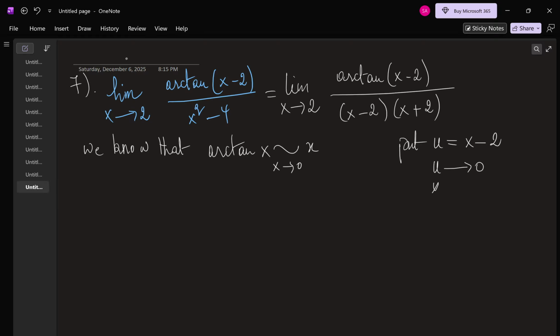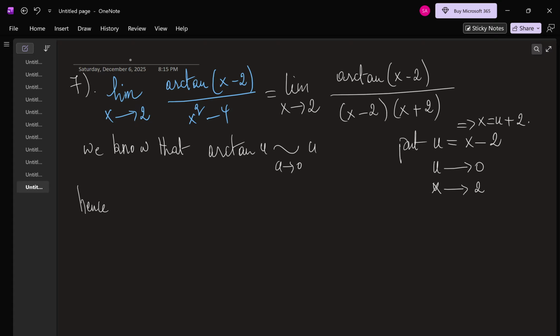So u is going to 0 when x is going to 2. And you will also have that x is equal to u plus 2. Therefore here we have arc tangent of u, as u is going to 0.